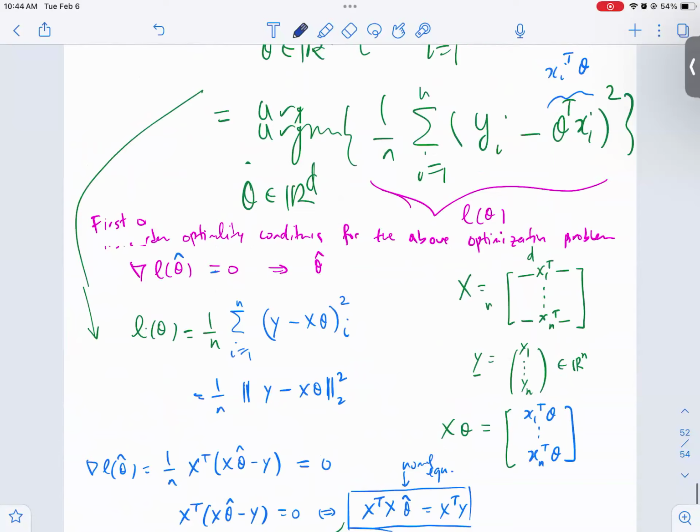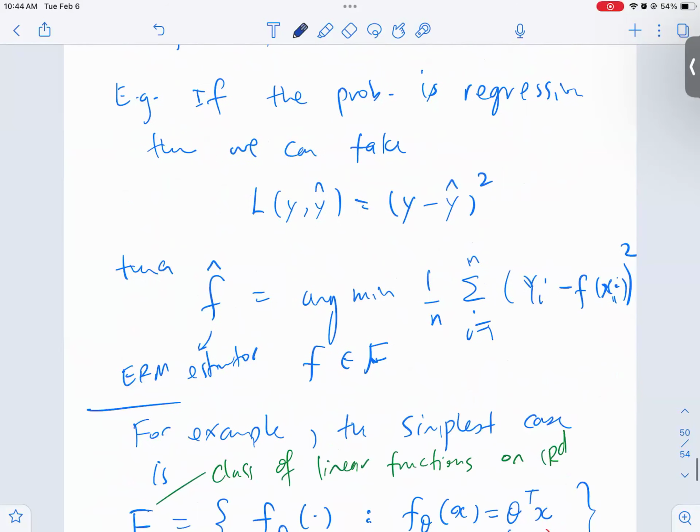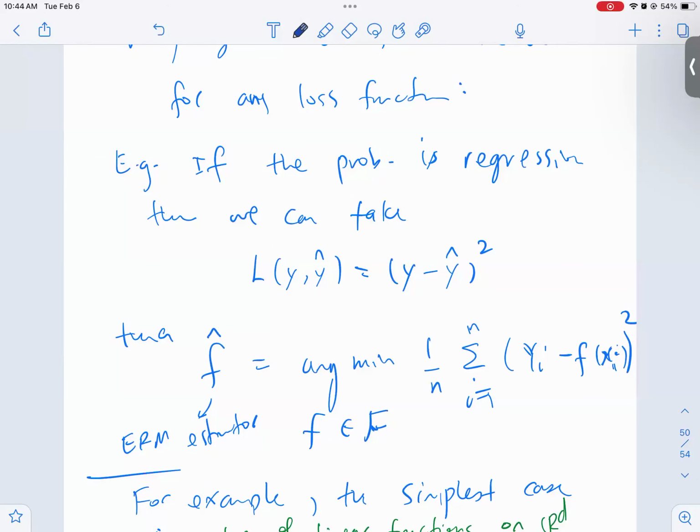Remember, with the quadratic loss, if I do this in the population version, not the empirical version, the optimal solution would be the regression function.